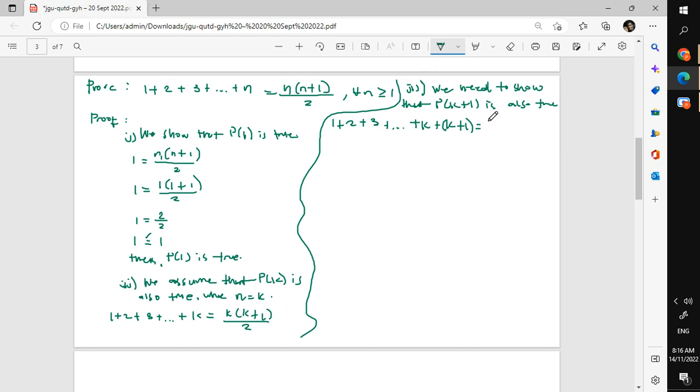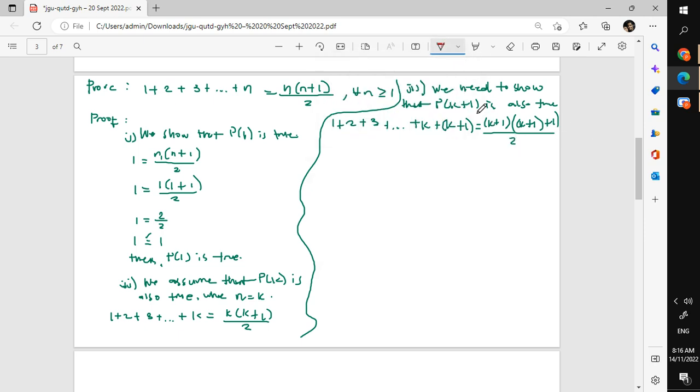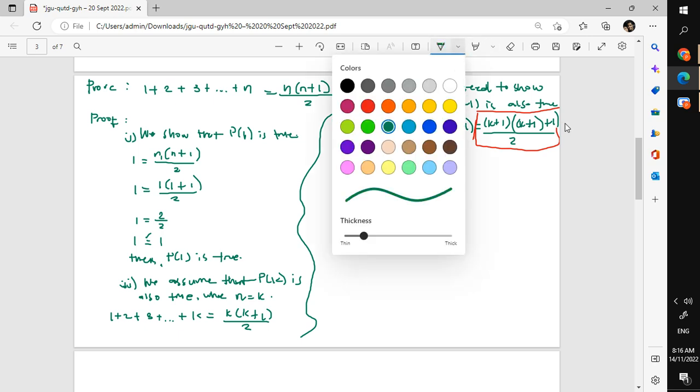From k, this is k plus 1. Then we have another k, that's k plus 1. Copy the positive 1 here, and we have the denominator positive 2. This means that at the end of our proof, this will be the face of our final solution. Now we will start showing this.